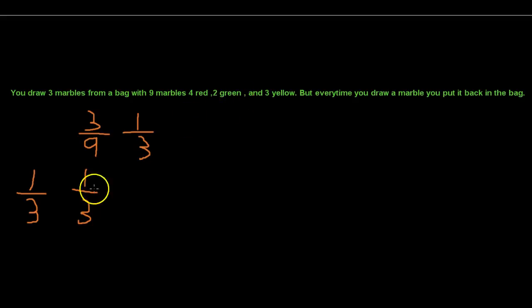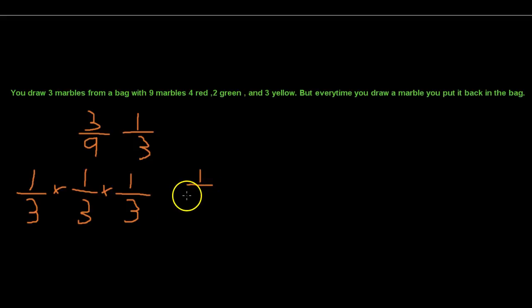And then we put that marble back and we draw another marble again. This time the marble is again yellow. So we have another 1/3 chance here. And then how we'd actually find the probability of this happening is we would take each one of these 1/3s and multiply them by each other. So in multiplication, you do 1 times 1 times 1, because these all have the same numerators, so we can just multiply straight across to get 1 on the top.